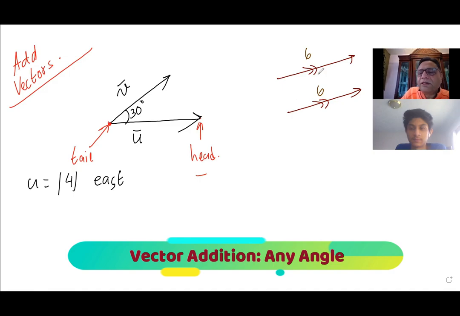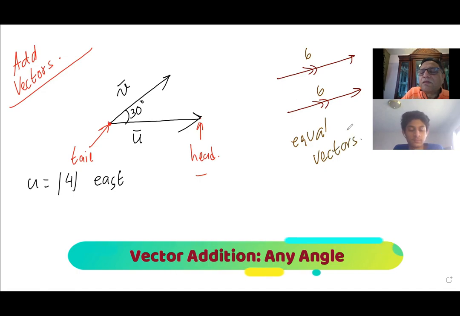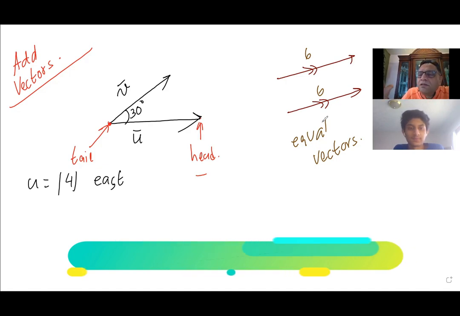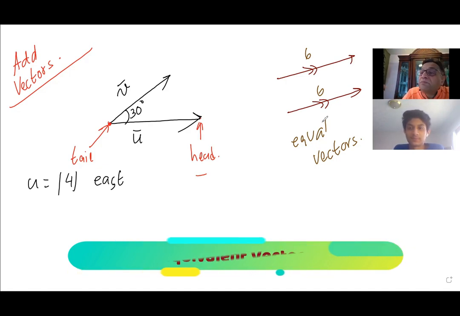They're equal vectors since their magnitude is the same and their direction is also the same. So it is important to understand that equal vectors could have different positions. The position doesn't matter.